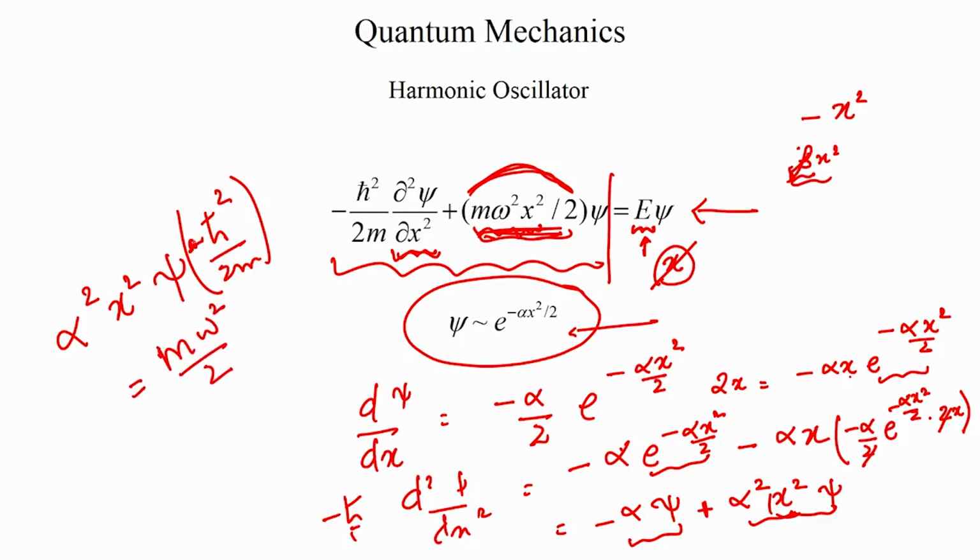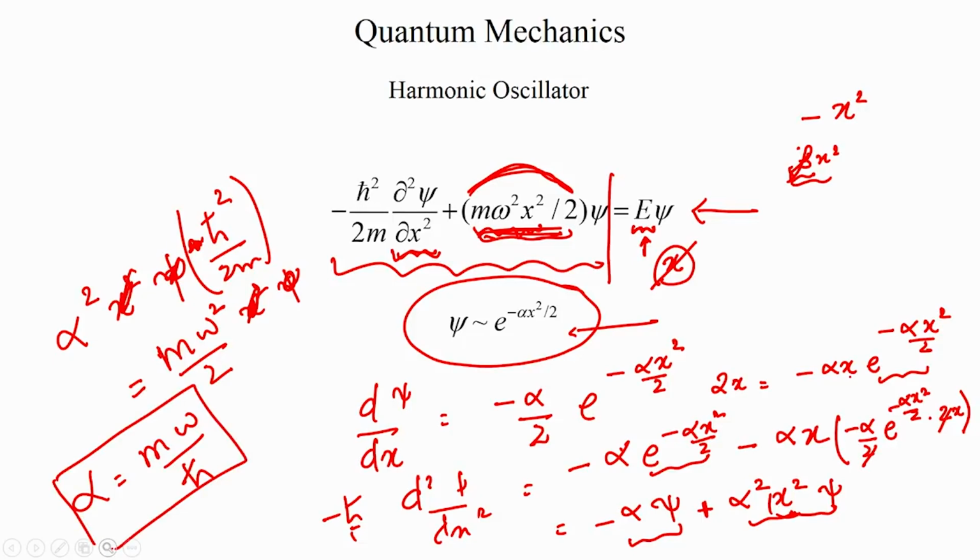We don't need to retain the negative because that's the opposite sign for you to cancel. So the magnitudes of these two need to be the same, so this m omega square x square by 2. So this also has a psi here, pardon me. So this implies that my alpha is going to be m omega by h bar. So that is my alpha.